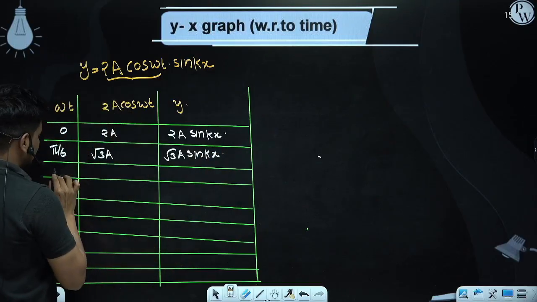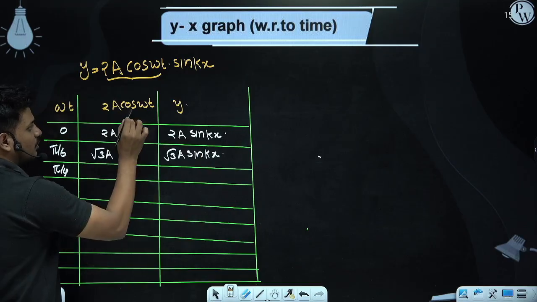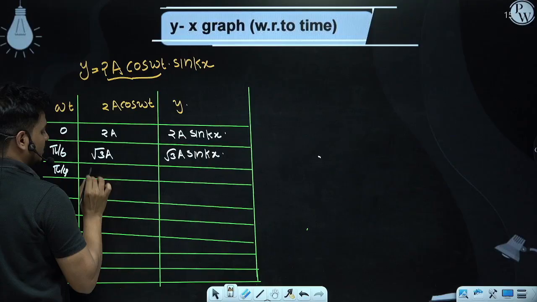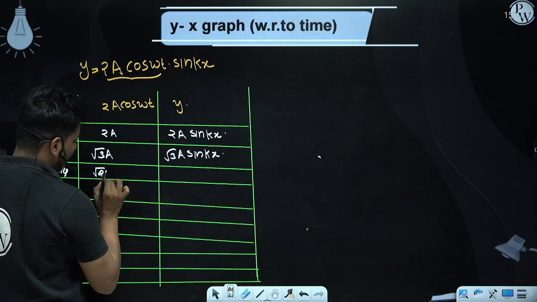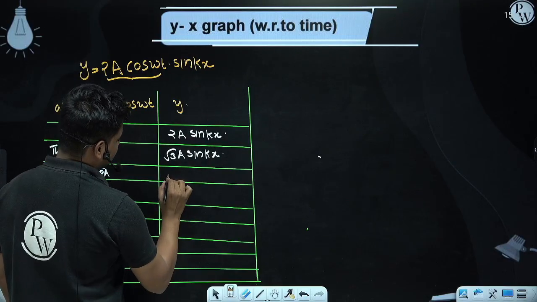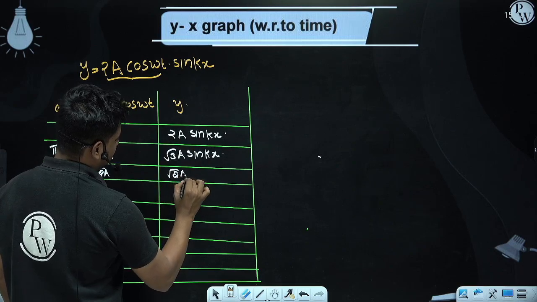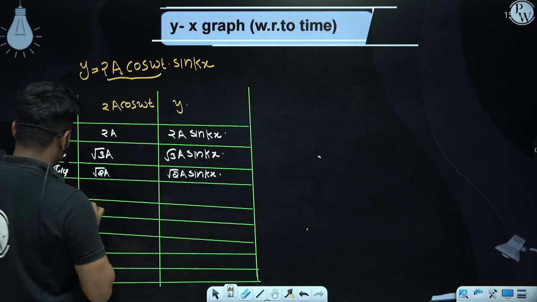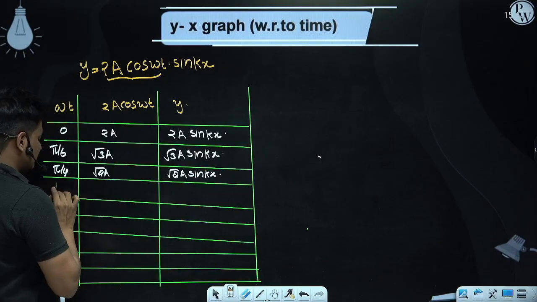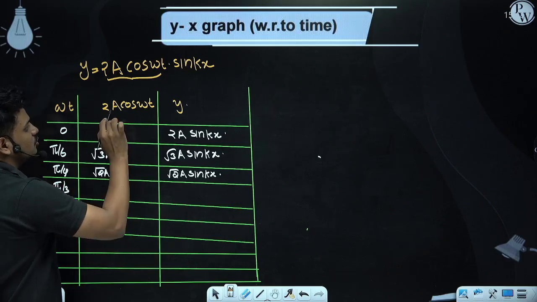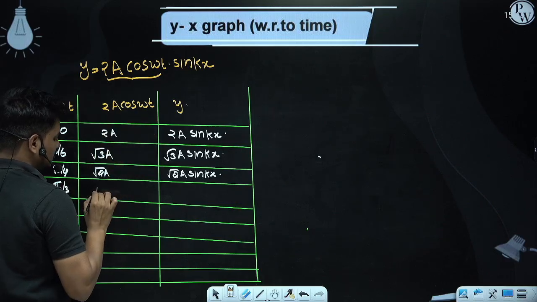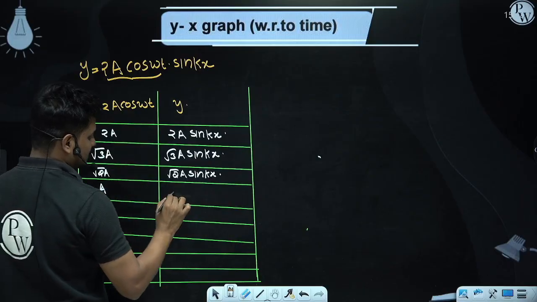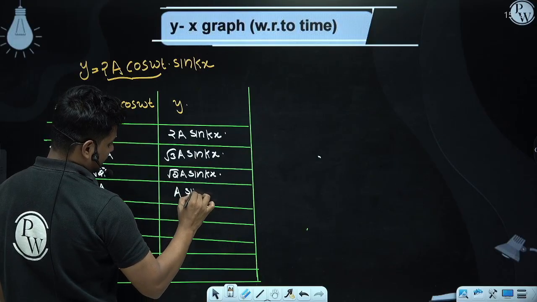The next thing is 45 degrees, pi by 4. Cos pi by 4 is 1 by root 2, times 2a is root 2a, so the displacement is root 2a sin kx.